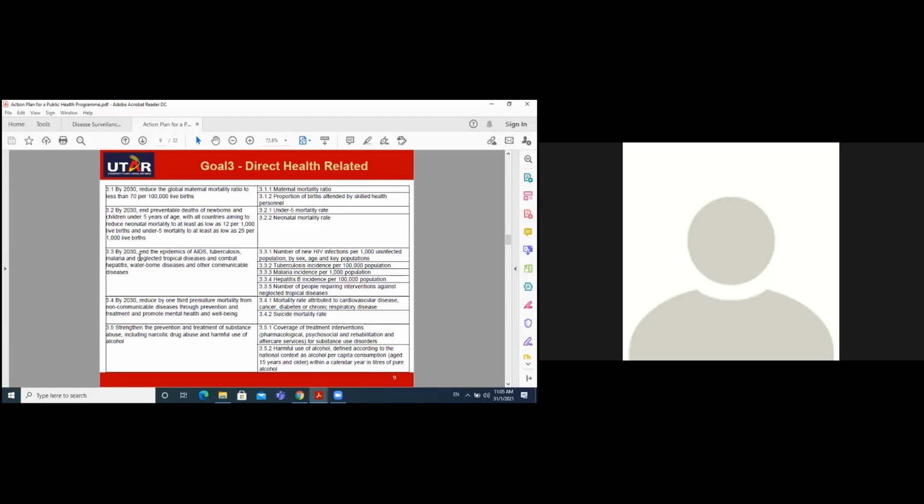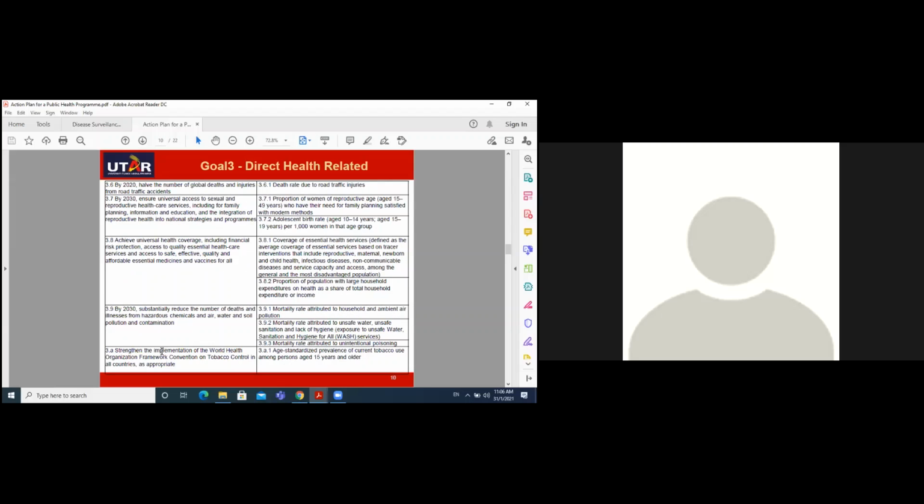And by 2030, we need to end the epidemics of AIDS, tuberculosis, malaria, and other neglected tropical diseases, and also hepatitis and waterborne diseases, for example cholera, dysentery, and other communicable diseases. And we need to strengthen the prevention and treatment of substance abuse, including drug abuse and harmful use of alcohol.